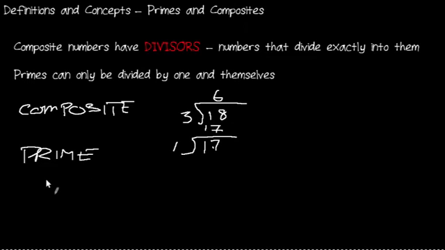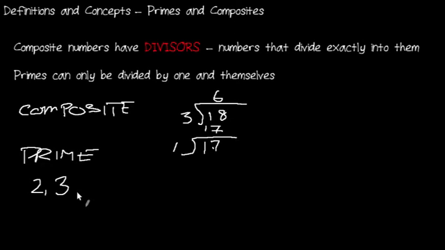Let's try and list all of the prime numbers. We said the first prime number is 2. 3 also can only be divided by 1 and itself.